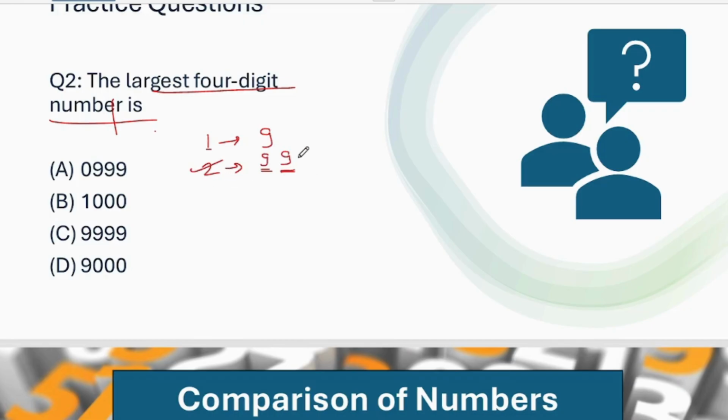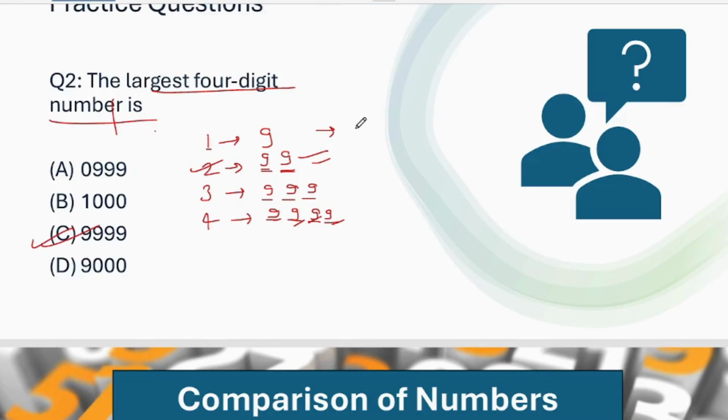So the largest two digit number is two nines, that is 99. Likewise, largest three digit number, give three positions, write all nines. So 999. Likewise, largest four digit number, give four places and write four nines. So 9999. This is your answer.